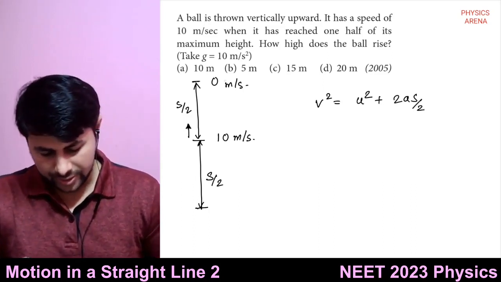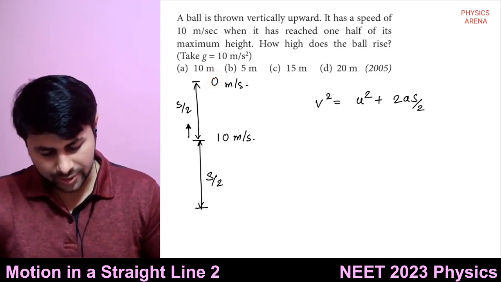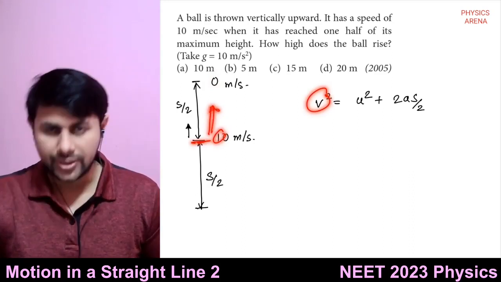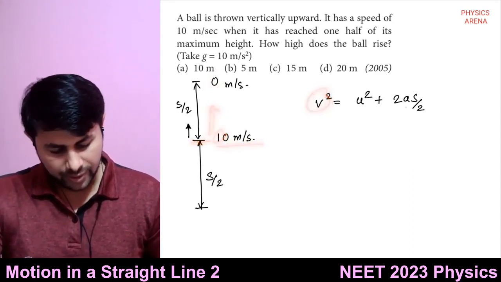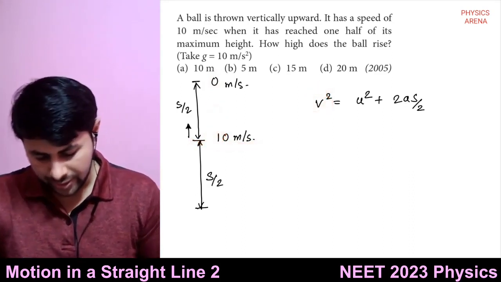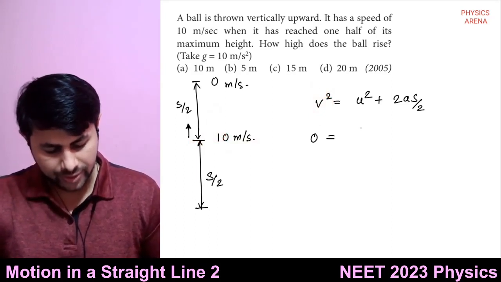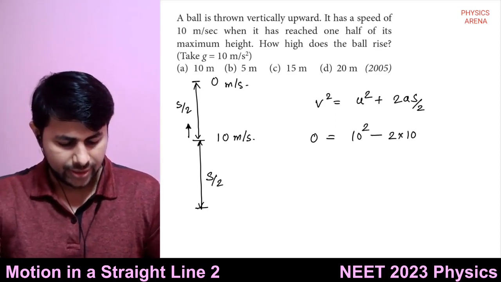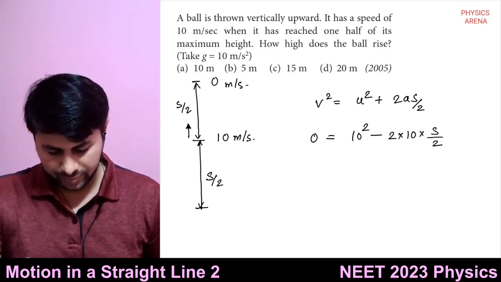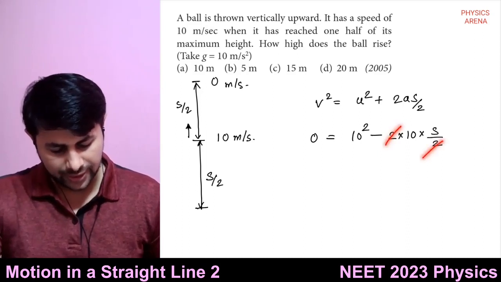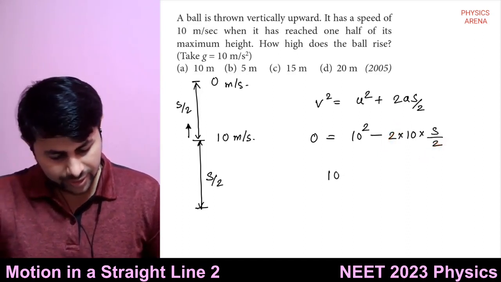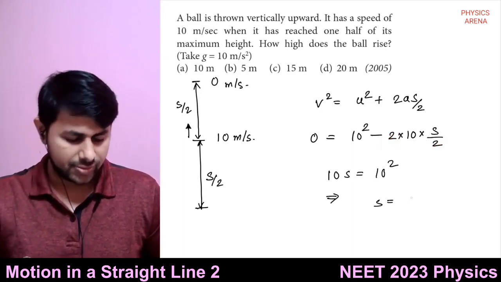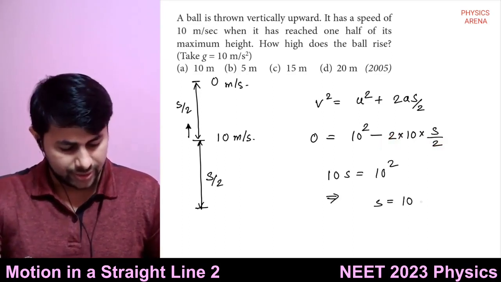Final speed is 0, initial speed is 10 meters per second since the ball is moving upwards from this height, and acceleration is minus 10. So we get 0 equals 10 square minus 2 times 10 multiplied by s by 2. The 2 and 2 get cancelled, so 10 times s is equal to 10 square, and therefore s is equal to 100 divided by 10, which is 10 meters.